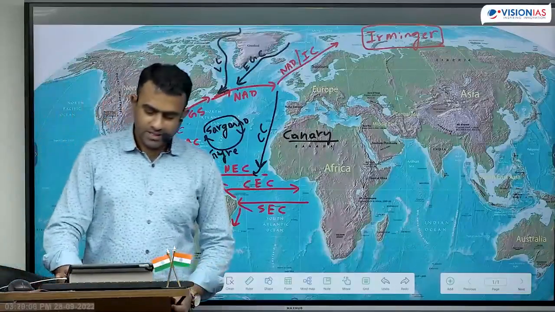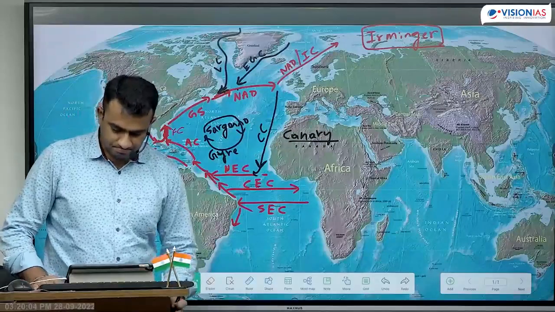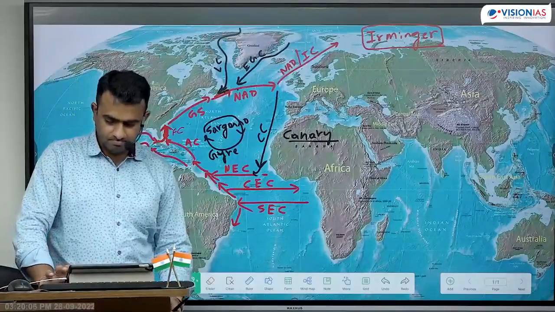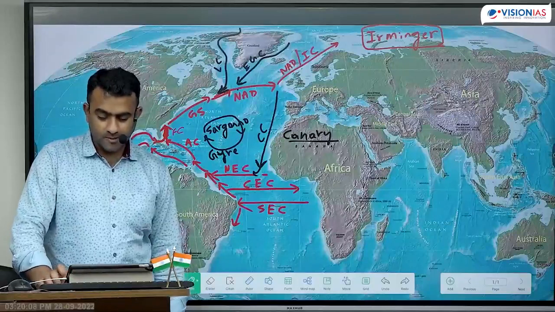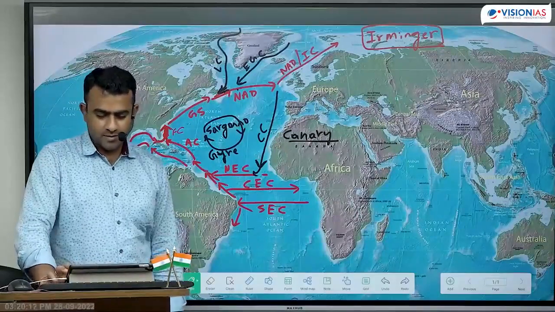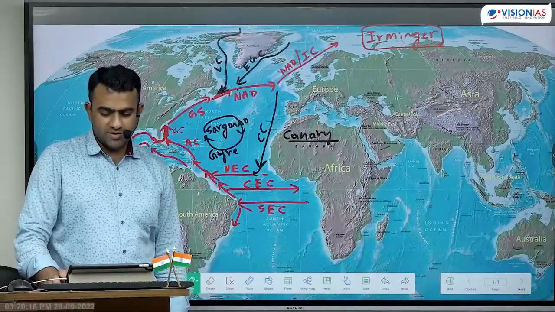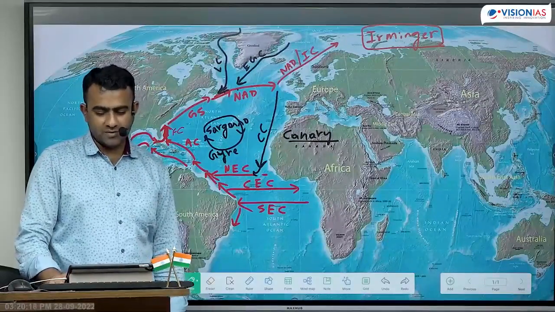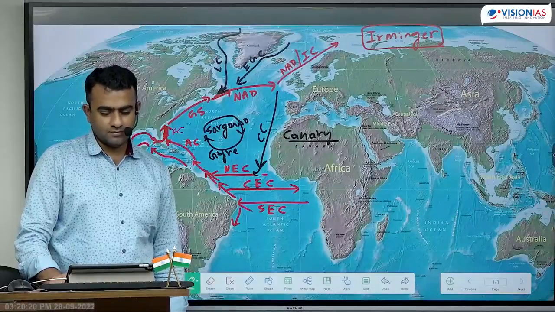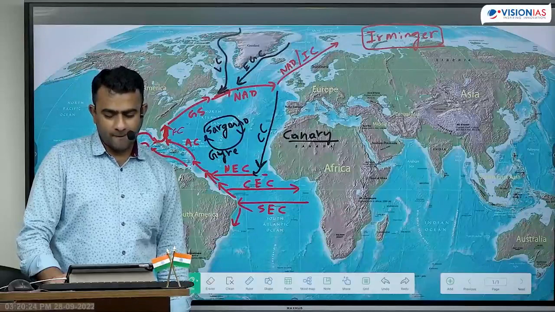Second, East Greenland current, between Greenland and Iceland, merging with North Atlantic Drift.